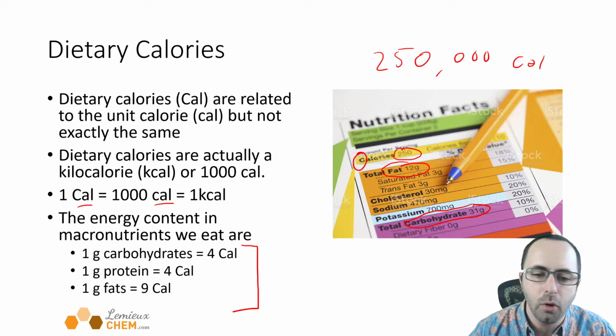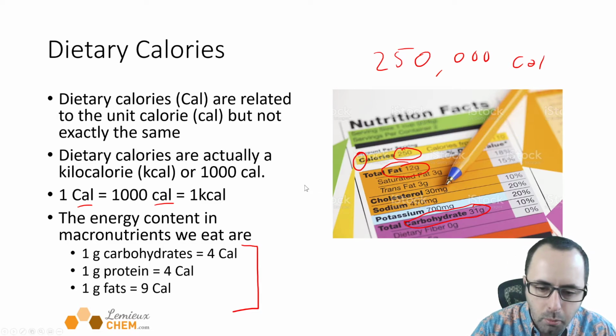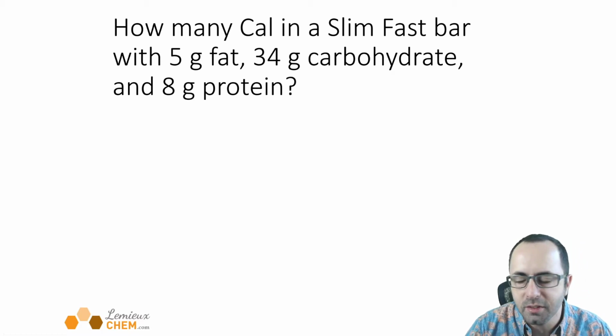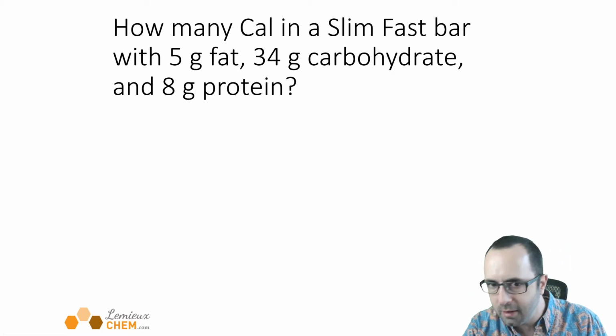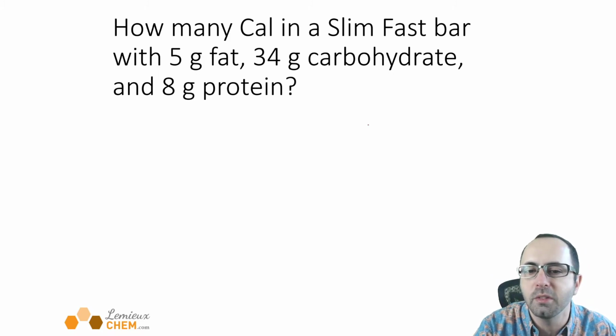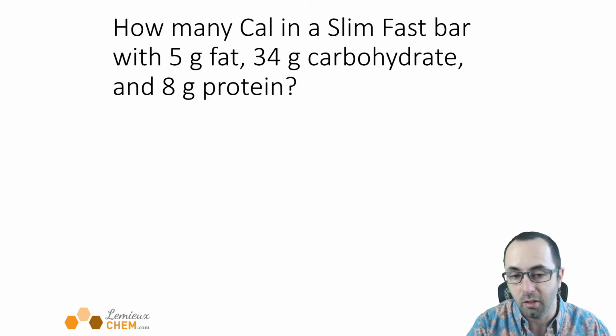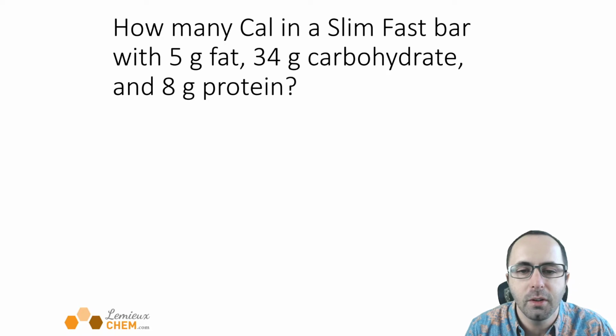So let's see how that works out for some basic processed food here, like a Slim Fast bar, which isn't the healthiest thing. You can probably tell because it has a lot of carbs. There's nothing wrong with carbs if you need a lot of energy, but if you don't, it's a lot of carbohydrates. If you're just going to be watching TV, you probably don't need so many carbohydrates.